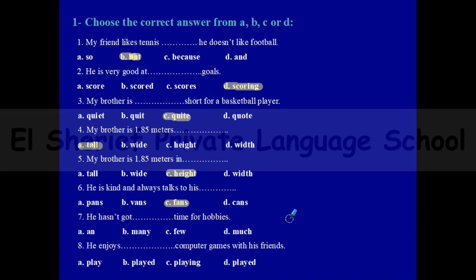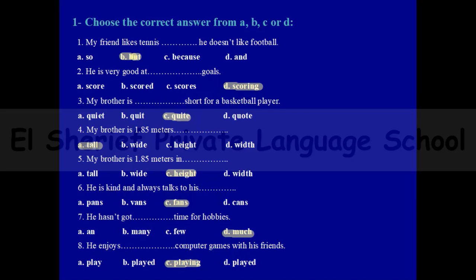Time is an uncountable noun, so I can say he hasn't got much time for hobbies. Number 8, he enjoys space computer games with his friends. So after the verb enjoy, we can remember that after enjoy there is a verb plus ing.